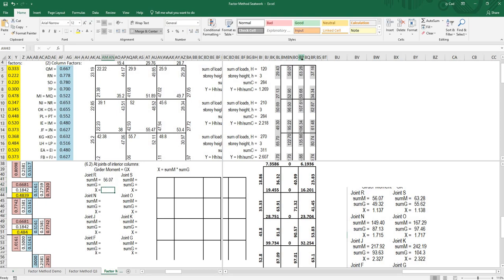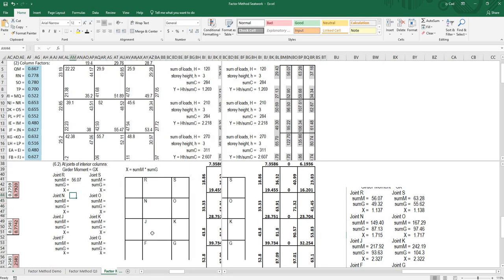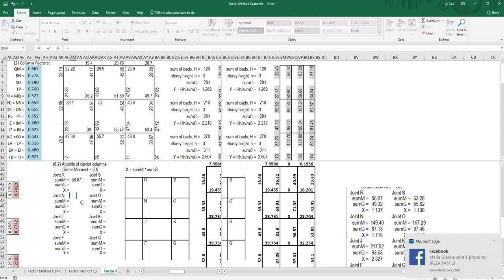And then, joint N, this is joint N, ano? This is equal to summation column moments 52.9 plus 96.5. Okay, so i-click ko lang ito, plus ito.